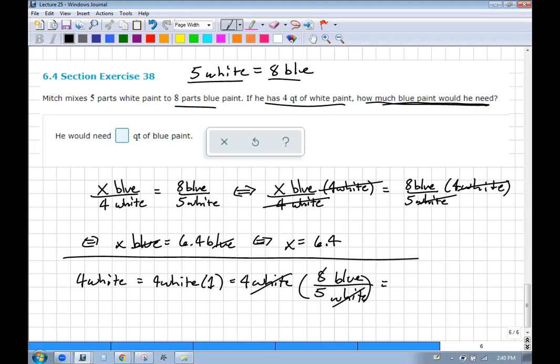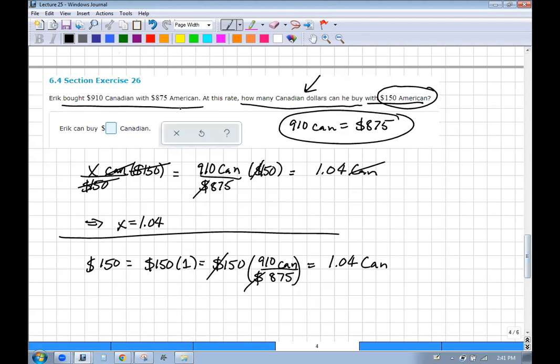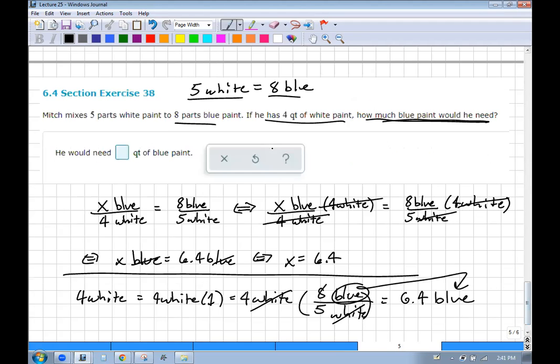And I'll get 6.4 blue, so I have units of blue. So 4 white is equivalent to 6.4 blue. I know it sounds kind of weird, right? Up here in the dollar thing, it's like, yes, this is equivalent to that. Here it doesn't sound right, like 5 quarts of white is equivalent to 8 quarts of blue. It's abstract, right? But mathematically, that's what we're saying.